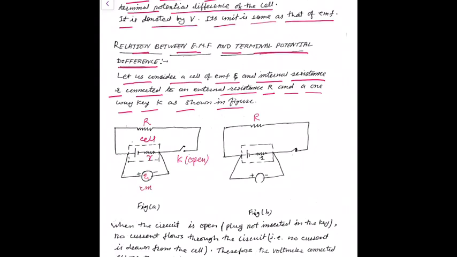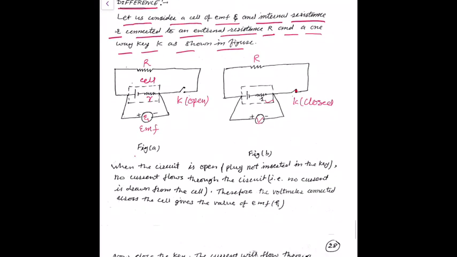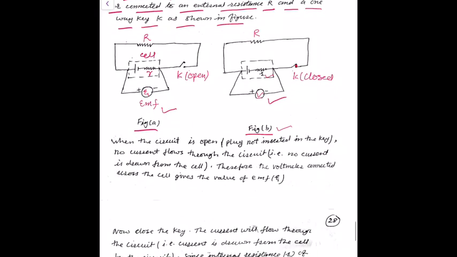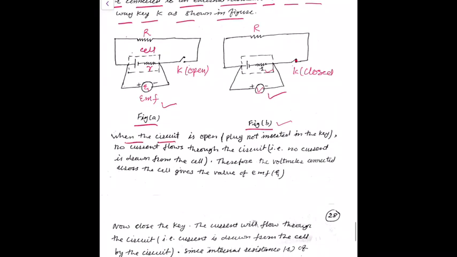Here EMF E. Key closed. Terminal potential difference V. Figure A, figure B. In figure A represents EMF, in figure B represents terminal potential difference V.